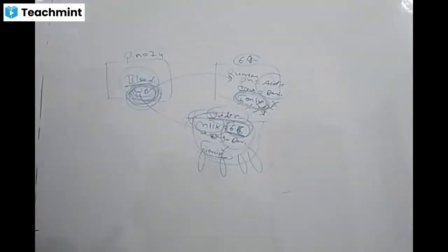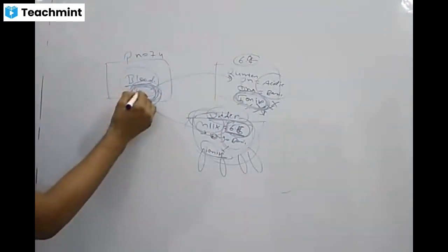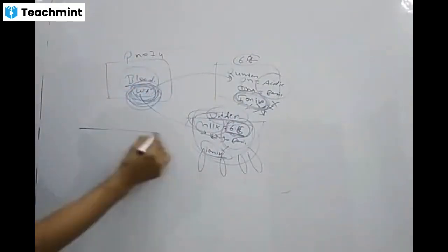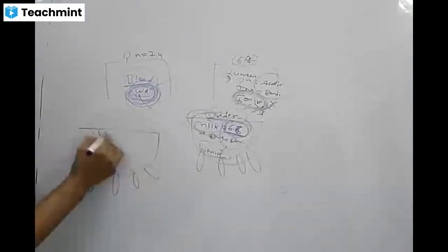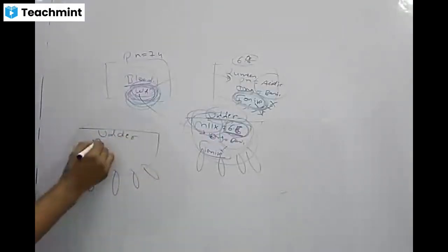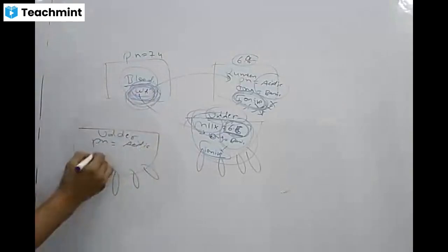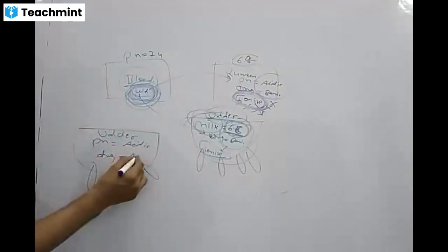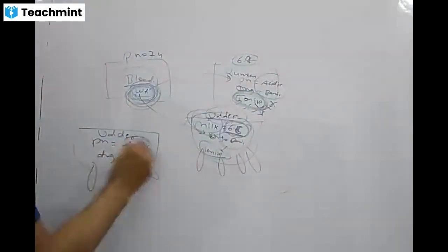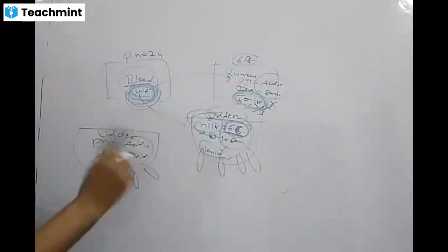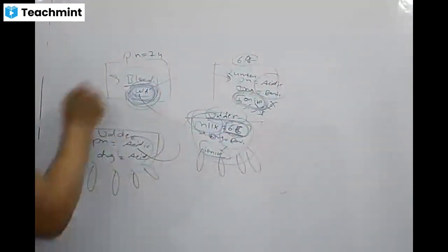Similarly, suppose not a weak base, if I make it a weak acid, and take it to the udder, the pH of the milk is acidic, my drug is acidic, both are the same. The drug will not accumulate, it will not stay here, it will come back to the blood again.